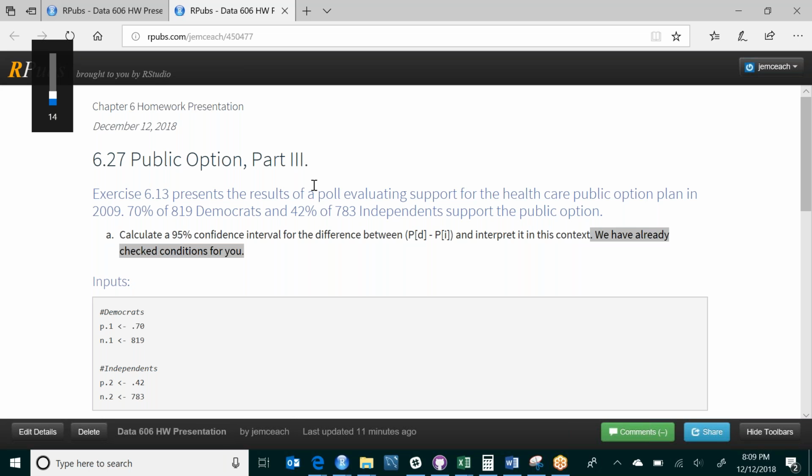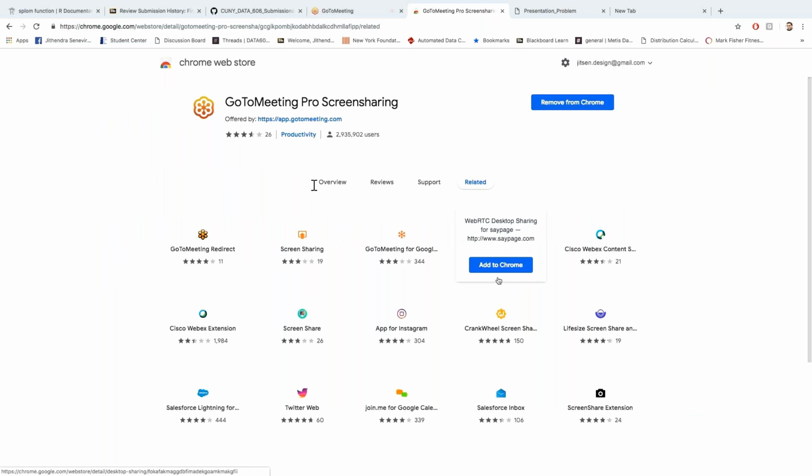Would you like to share your screen and get started? It'll probably ask you to share your whole screen or an app. Okay, there we go. I can see your screen.